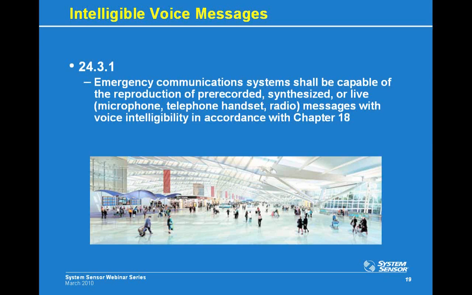If anyone is interested in learning more about this or listening to that webinar, it is archived on our website at systemsensor.com. In regard to intelligibility, Chapter 24 just calls out that the system should be capable of reproducing intelligible messages in accordance with Chapter 18, which we already covered.